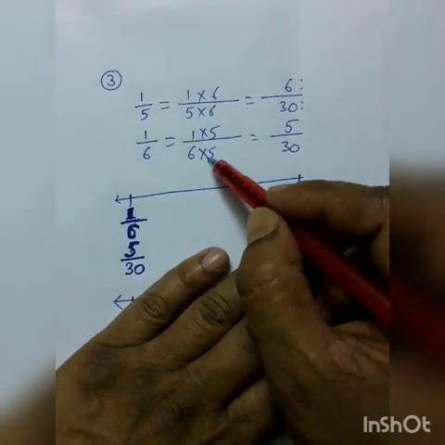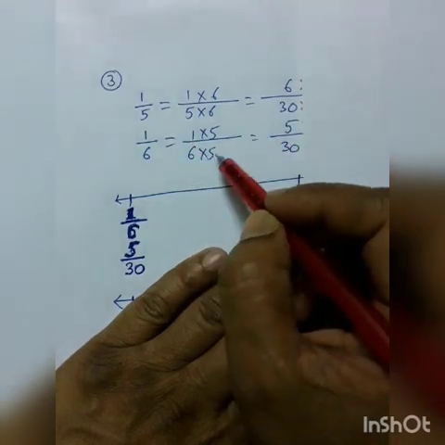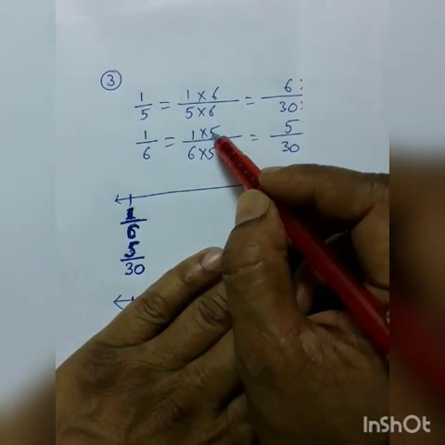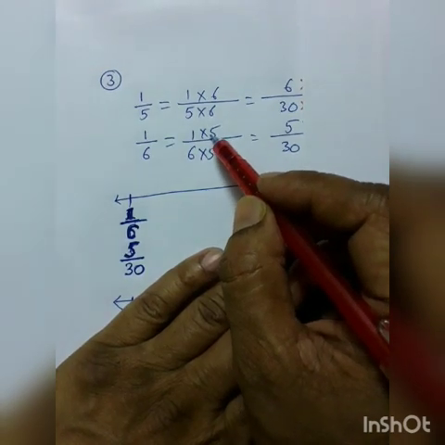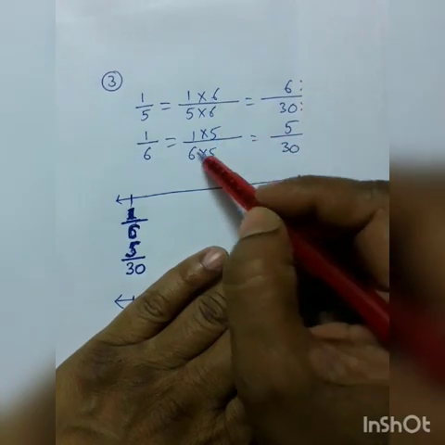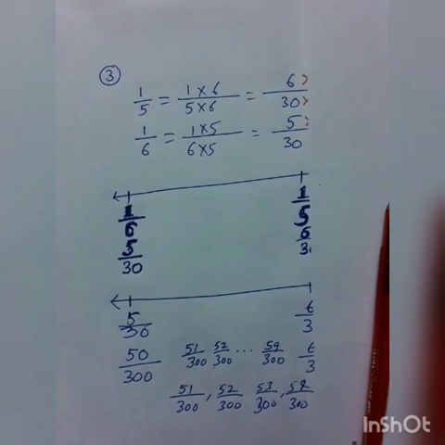How? Multiplying by 5. So this becomes 30, 30. And whatever number you multiply in the denominator, the same number you have to multiply in the numerator also. So 1 into 6, 1 into 5. So 6 by 30 and 5 by 30 you are getting.